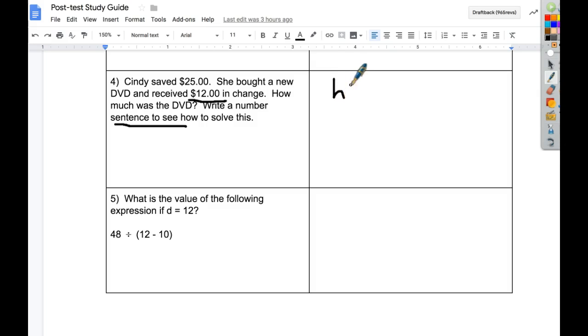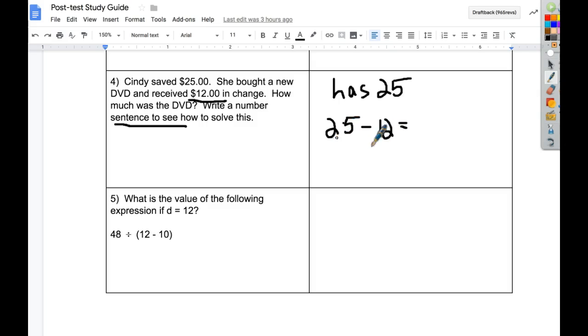Okay, so again, I'm going to list, she has $25. That's how much she had with her when she went into the store. So we know she had 25. We don't know how much the DVD was, but I know that she got $12 back. So if I have $25, I spend some of it, I get $12 back.